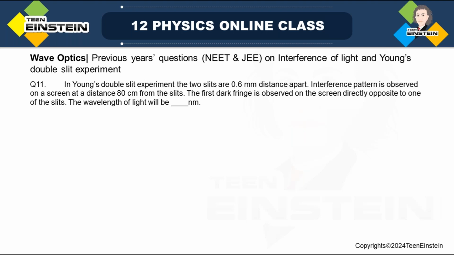In Young's double slit experiment, two slits are 0.6 millimeter distance apart. That means small d is 0.6 millimeter.